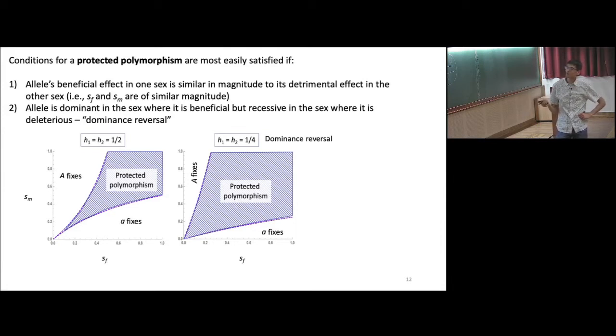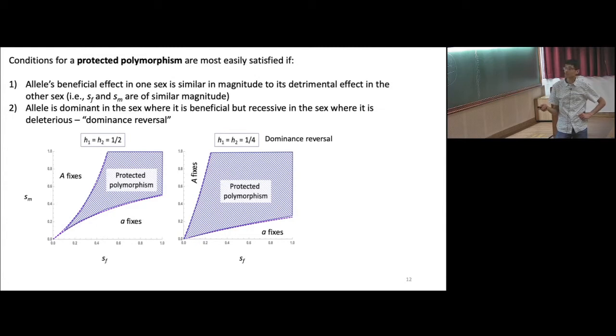But one bit of foreshadowing here, something I'll get to in a minute, is we think that the vast majority of mutations have small effects on fitness. So while I've shown you the whole range from 0 to 1 on both axes, we think most mutations occur around here.